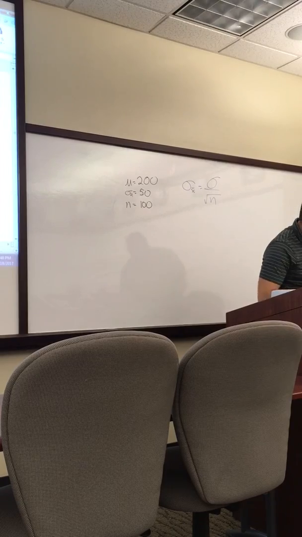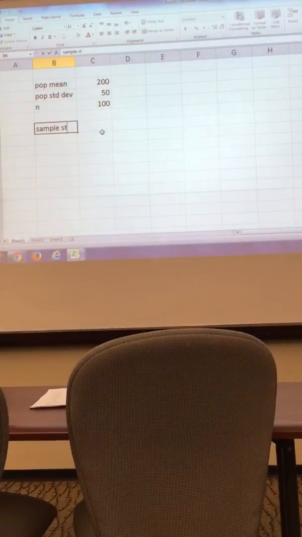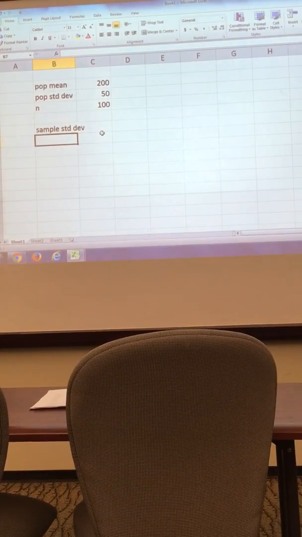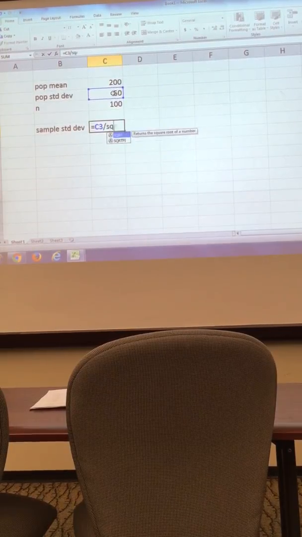So a sample standard deviation is going to be equal to our population standard deviation divided by the square root of our sample size, which is 100.